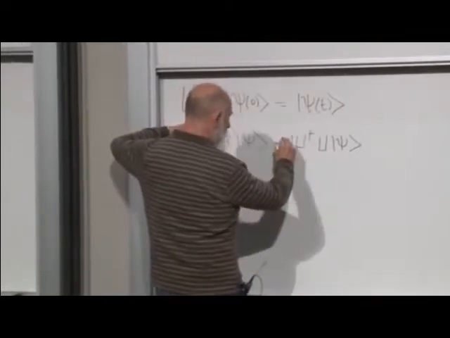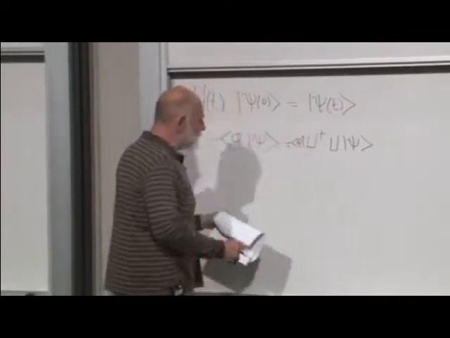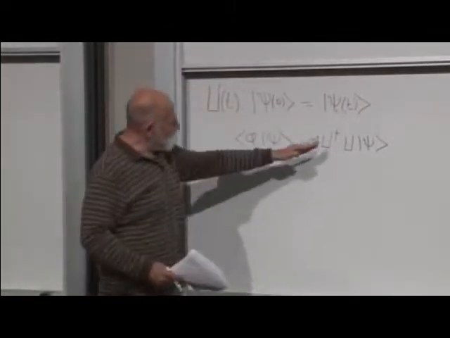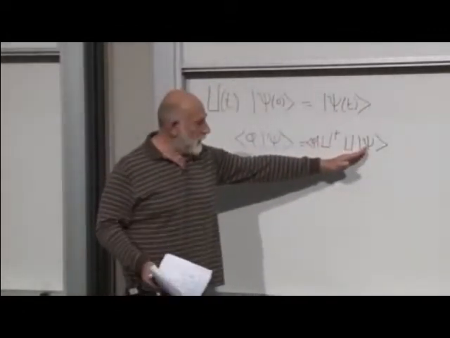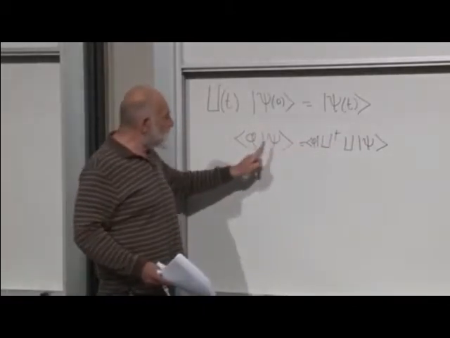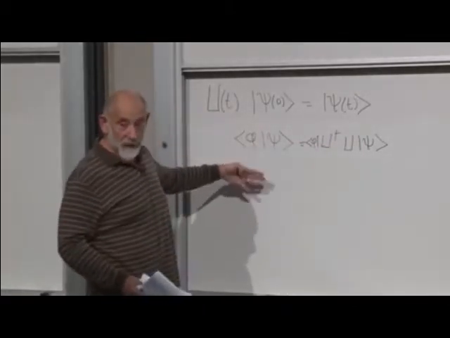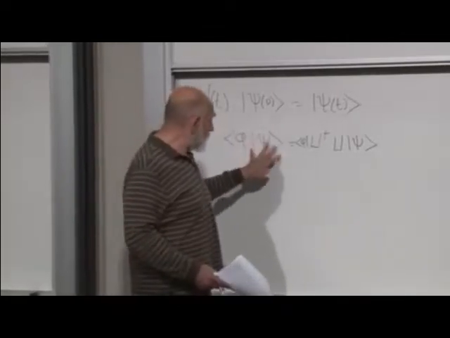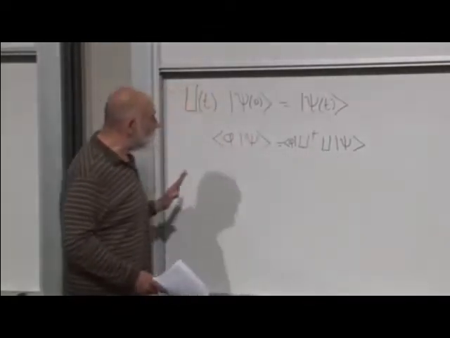So, what this equation says is that the transform of psi, when you take its inner product with the transform of phi, is the same as the inner product of psi with phi in the beginning. It says that the inner products between vectors don't change with time.